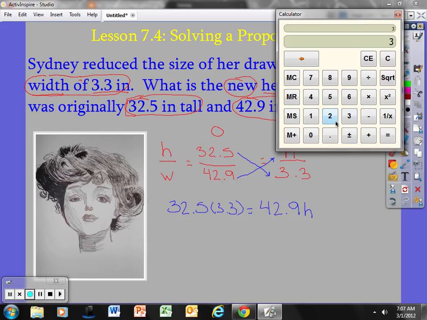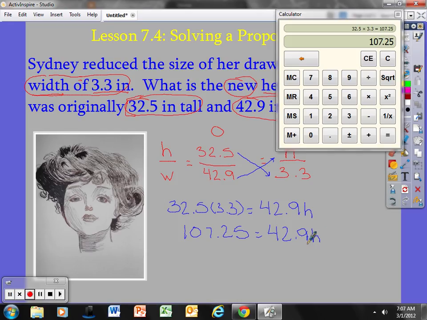I'm going to go 32 and 5/10 times 3 3/10. That is going to give me 107 and 25 hundredths, which is then going to be equal to 42 and 9/10 times h.